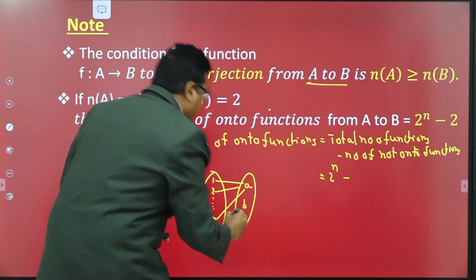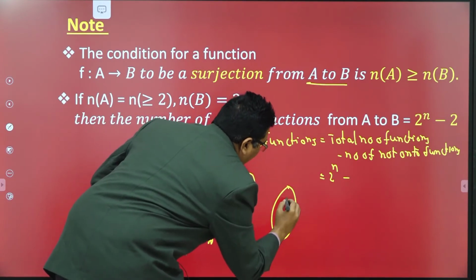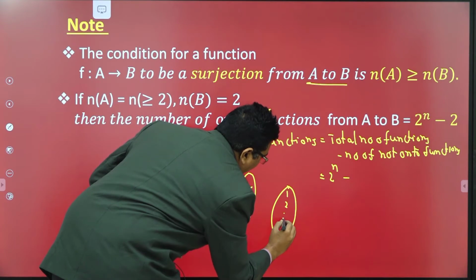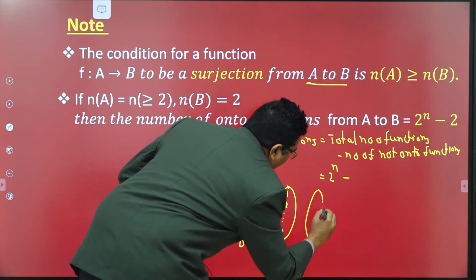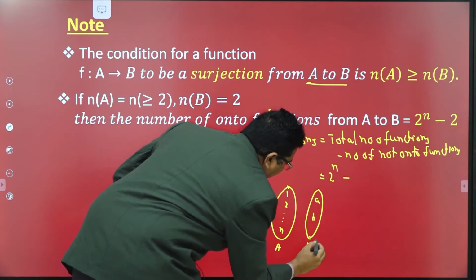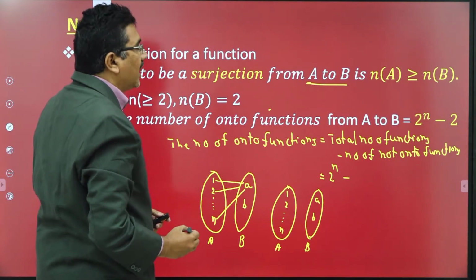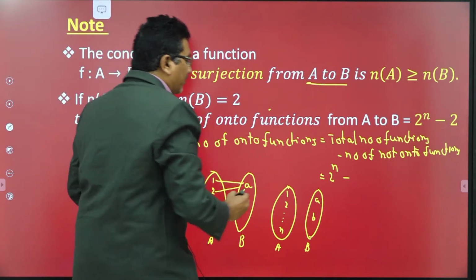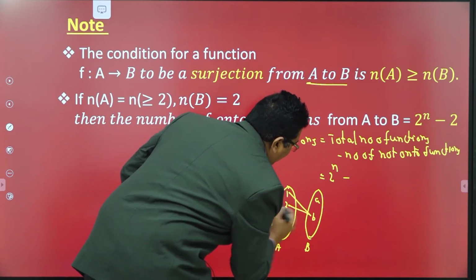Another one: this is set A with 1, 2 and so on up to n. This is set B containing 2 elements a and b. Every element of A is mapped to b.